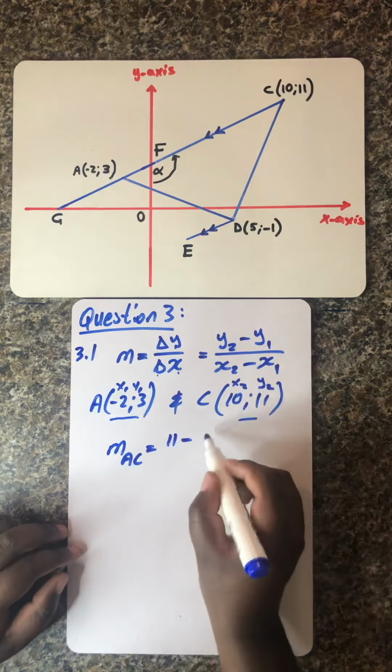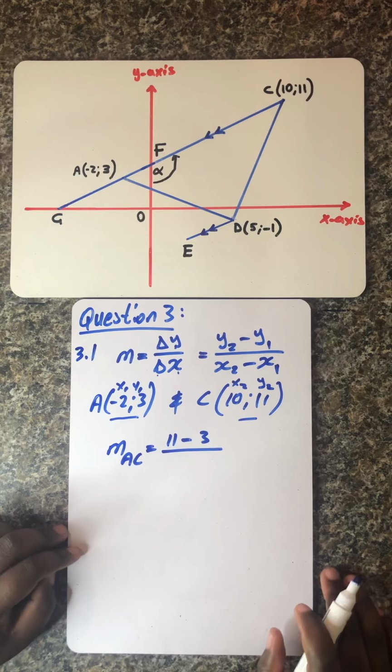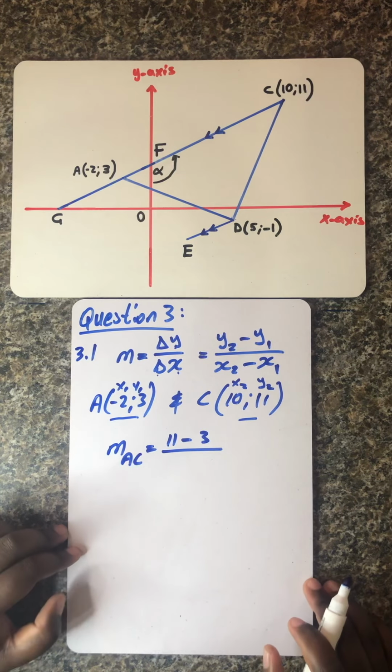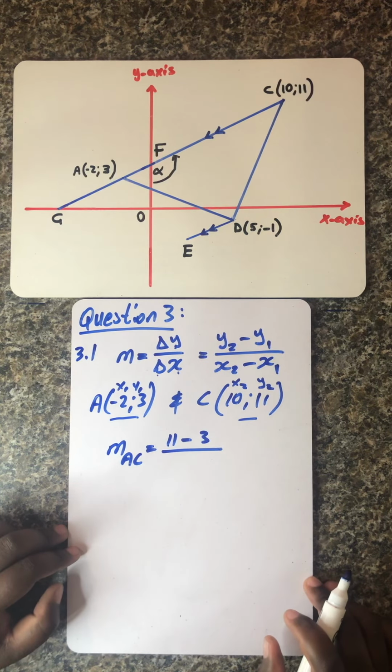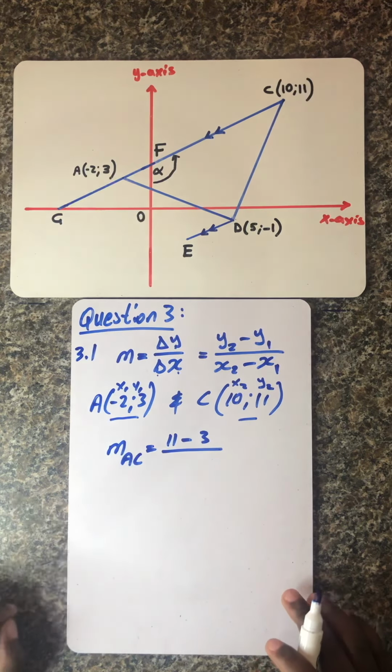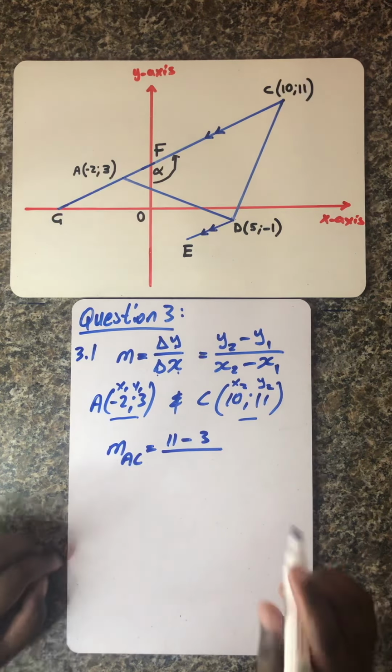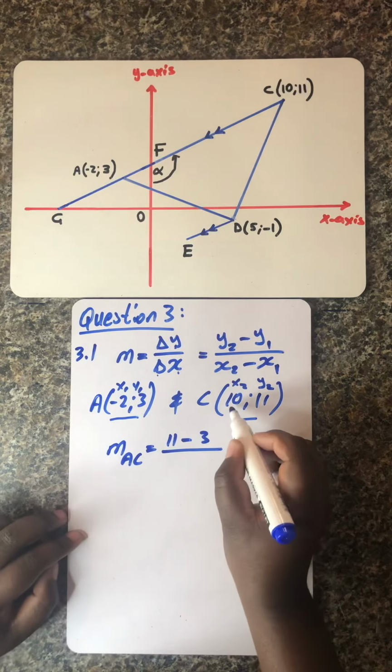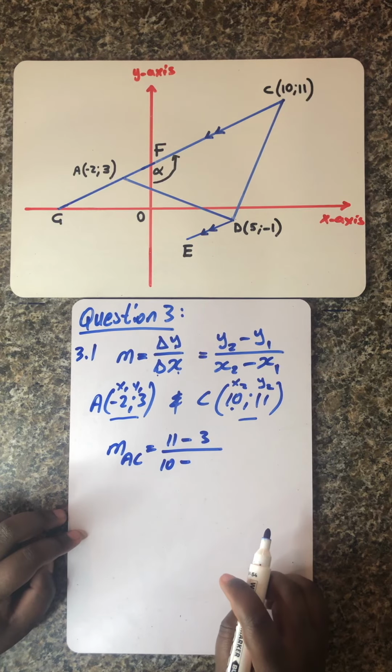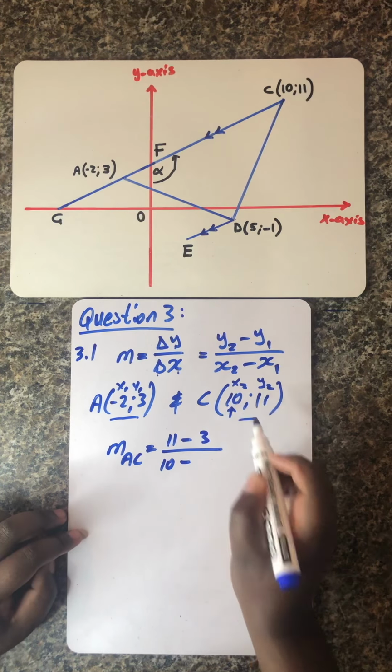Okay, so doesn't necessarily mean that at all times you should do it that way. You can still decide to substitute the values regardless of them being positive or negative in brackets. Okay, so now what is our y2? This is our y2, which is 10 minus, what is our, remember, x2, ladies and gentlemen.